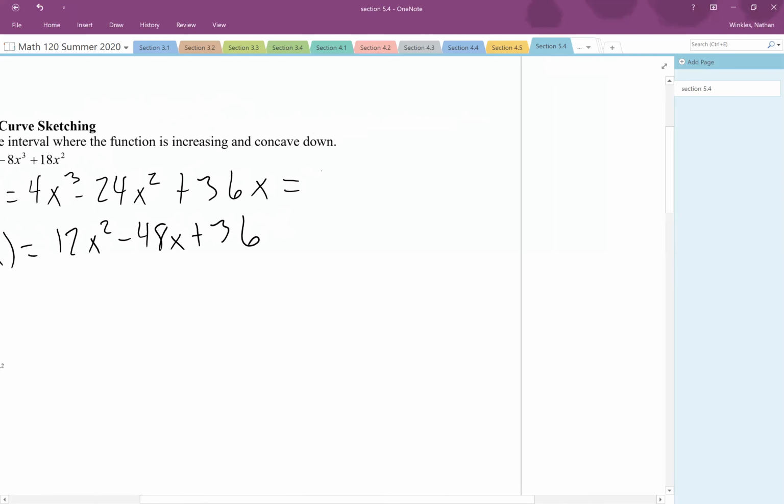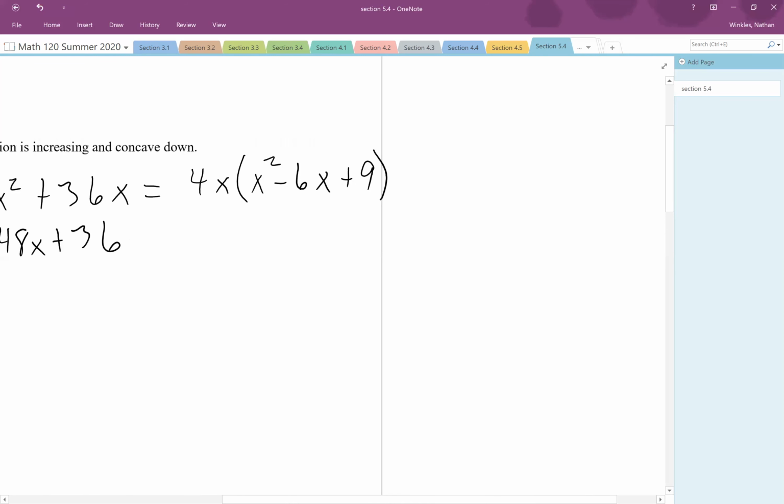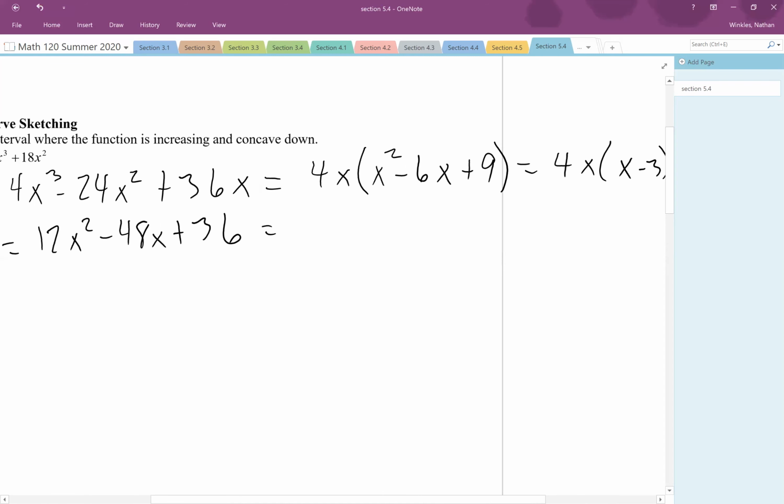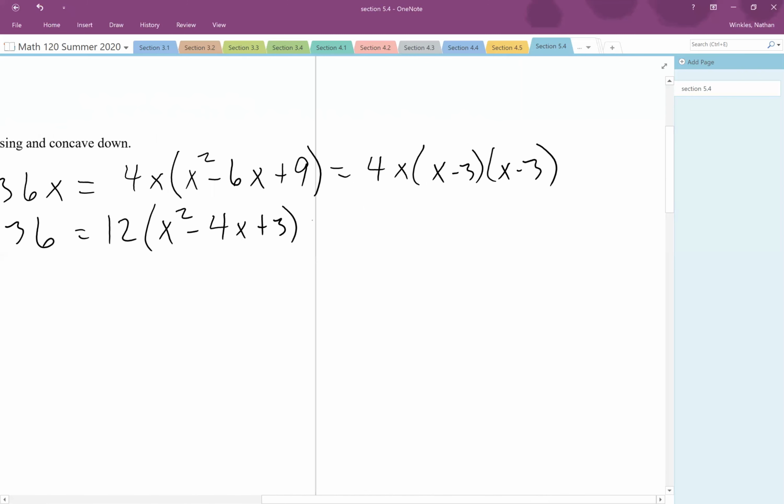Out of the first one, we can factor out a 4x, leaving x squared minus 6x plus 9, which easily factors to 4x times (x minus 3)(x minus 3). If we repeat the same thing for the second derivative, we can factor a 12 out, leaving x squared minus 4x plus 3, which nicely factors to 12 times (x minus 3)(x minus 1).